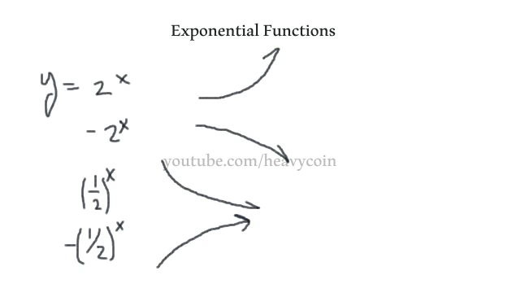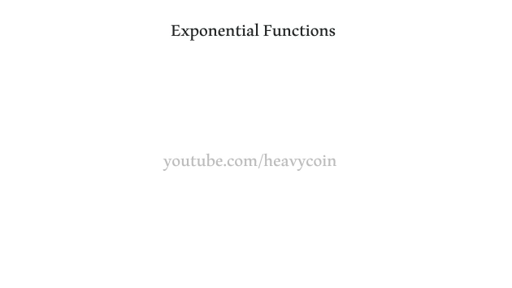Okay. Let's look at some other examples of exponential functions. For example, if I had 3 to the negative 2x, this can actually be rewritten as 1 over 3 to the 2x.